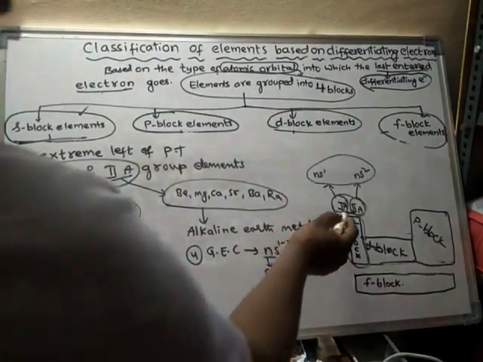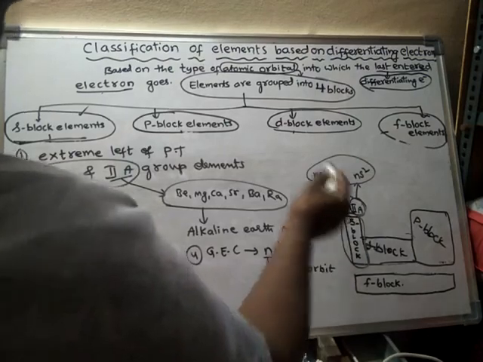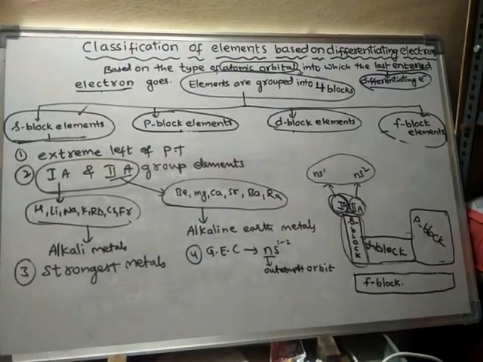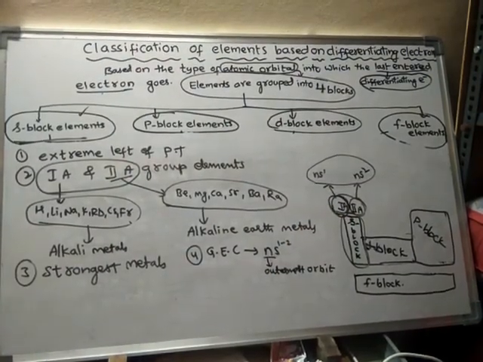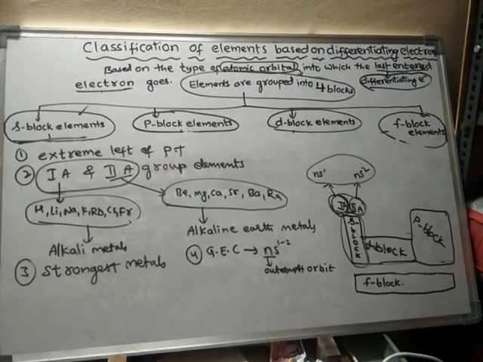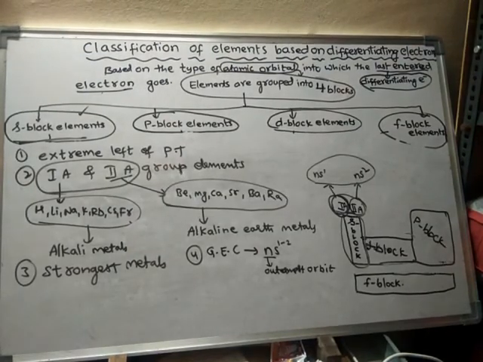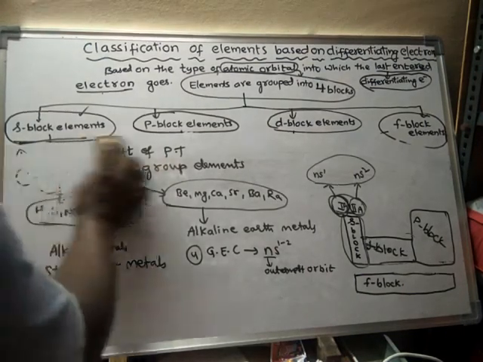The first A group elements are very highly reactive compared to the second A group. Even second A group elements are highly reactive, but first A group elements are still more reactive than second A group elements. Like this, the properties can be defined.